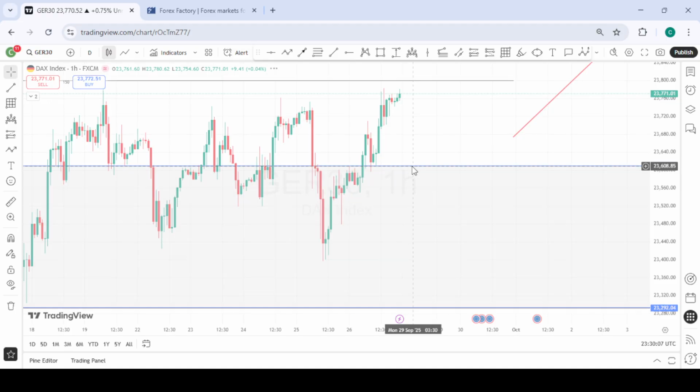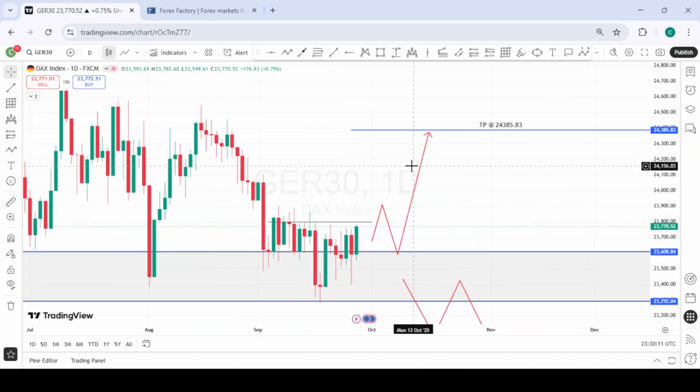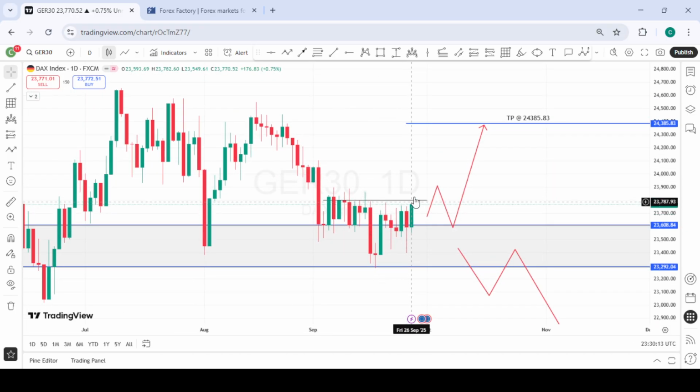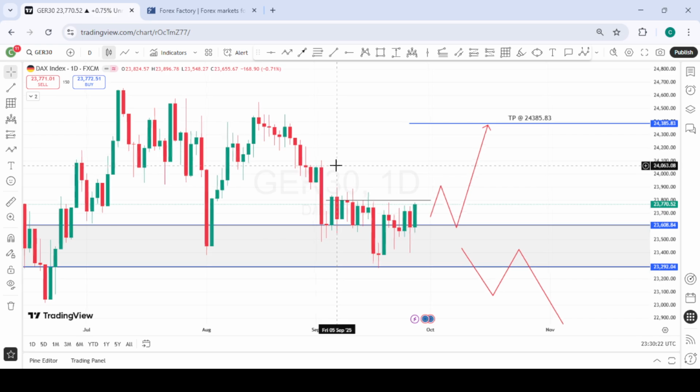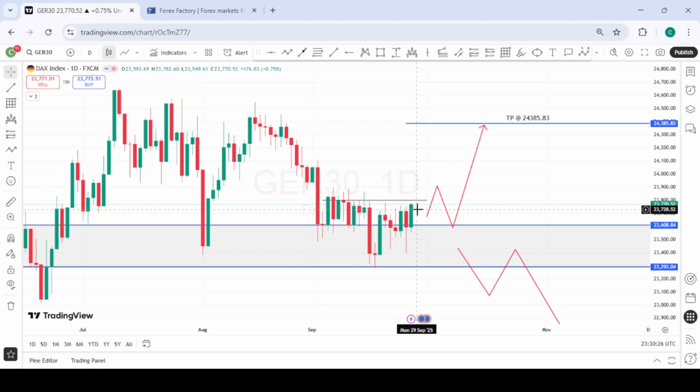On to our last index for the week, we had this German 30. We had this setup from last week where we were expecting price to clear this structural high and give us a possible inverted head and shoulders around this area of interest, so we can look forward to buying opportunities to the upside. And as we can see, price is forming nicely. For the coming week, we'll still be expecting a daily candle break above the structural high, a slight pullback, then we take our buys from here.